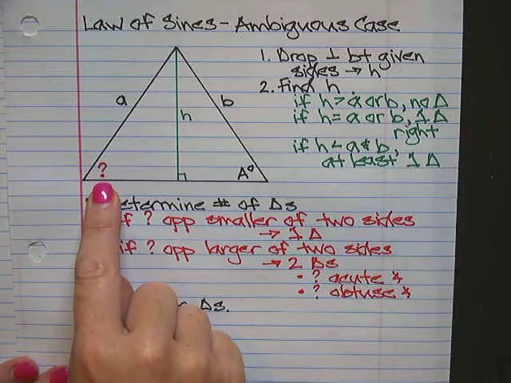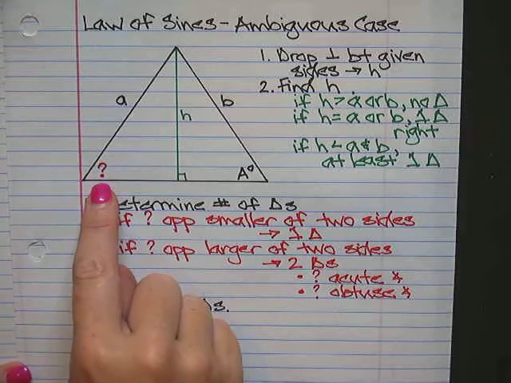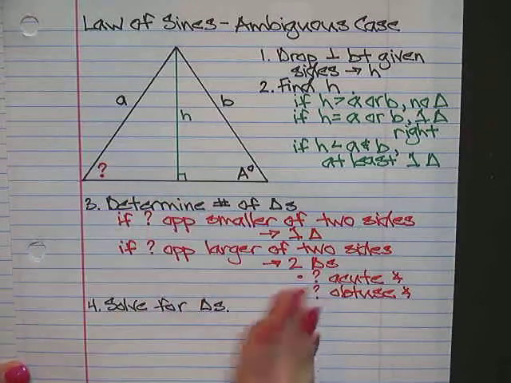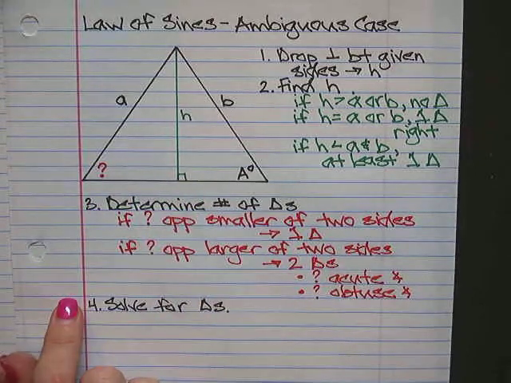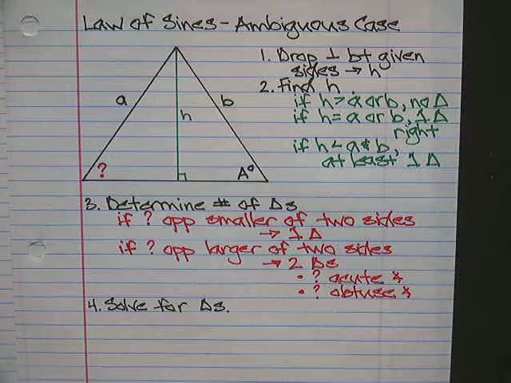To determine the number of triangles, we look at this missing angle here. If the missing angle is opposite the smaller of these two sides, there is only one triangle. If it is opposite the larger of these two sides, then there are two triangles possible, one in which this angle is acute, one in which this angle is obtuse.